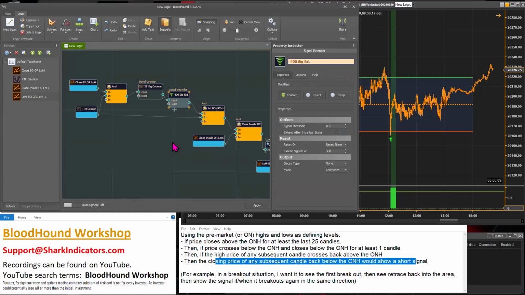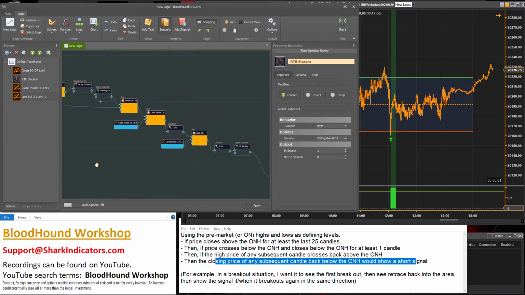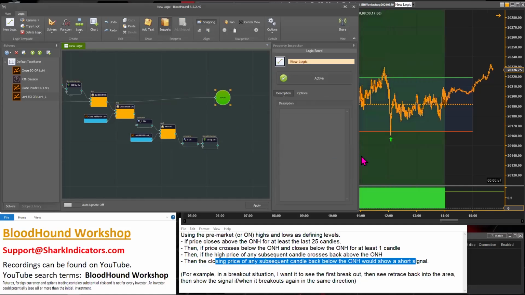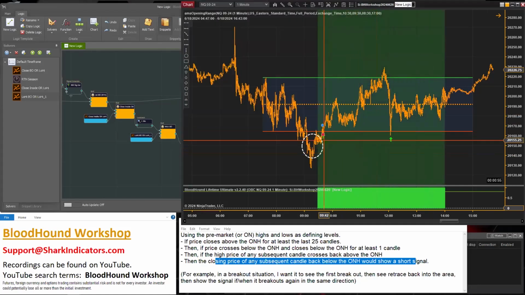And then we ran that into an AND node with this time session solver. That way, our 25 bar breakout was only good until the market closed.